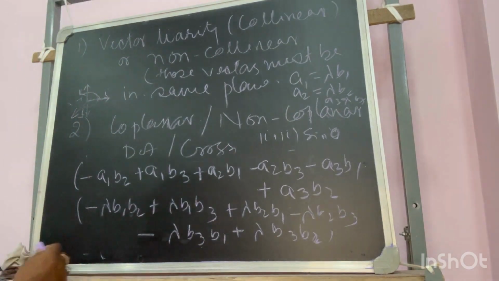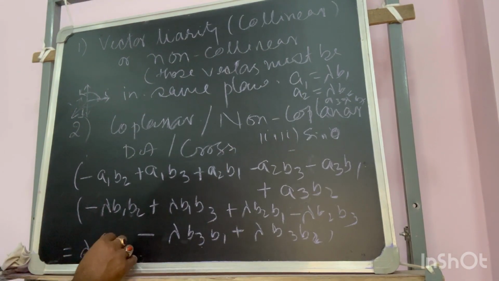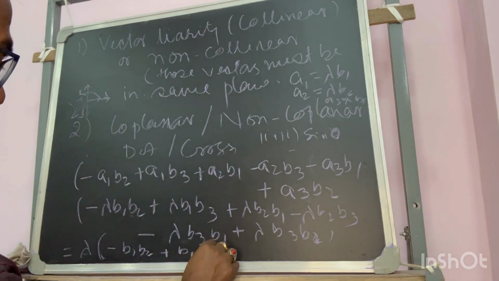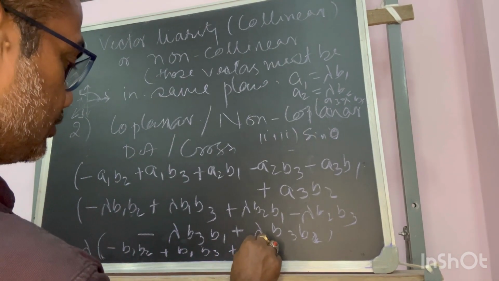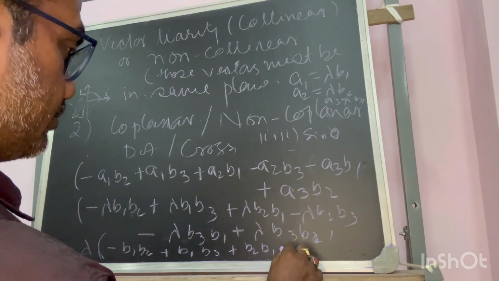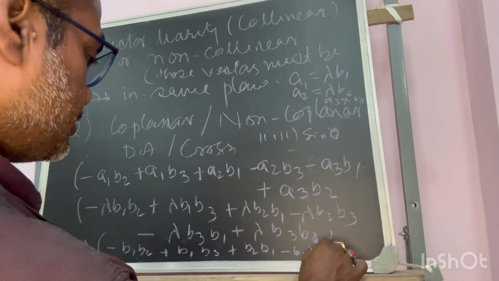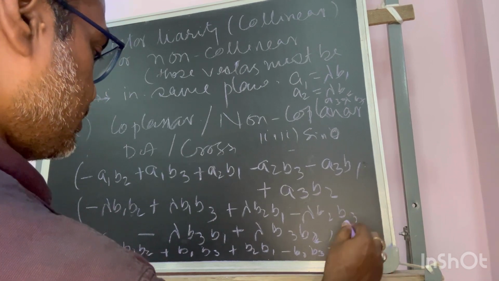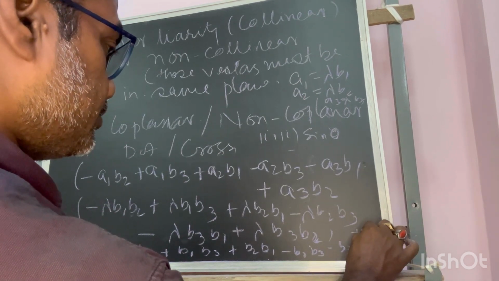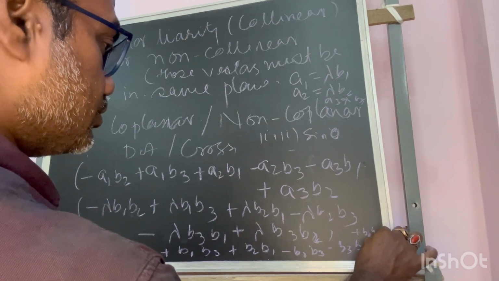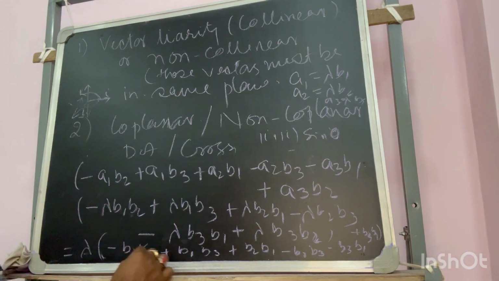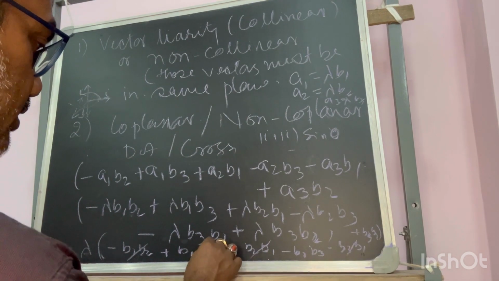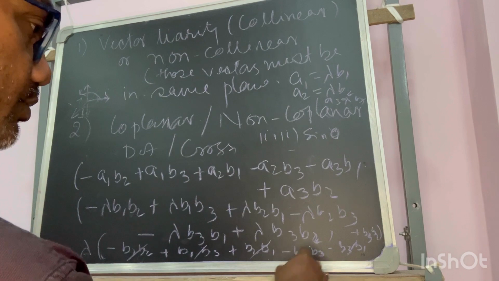Now if I take lambda common, it will be minus B1 B2 plus B1 B3 plus B2 B1 minus B2 B3 minus B3 B1 plus B3 B2. So B1 B2 will be cancelled out, B1 B3 will be cancelled out, and B2 B3 will be cancelled out.